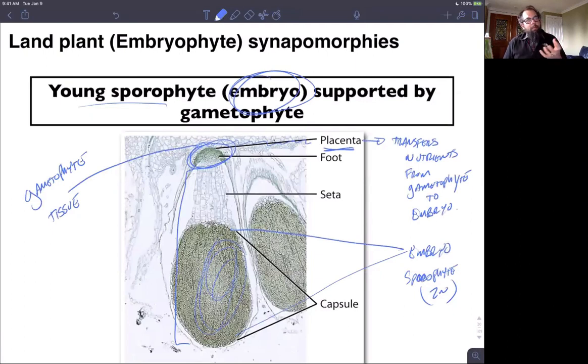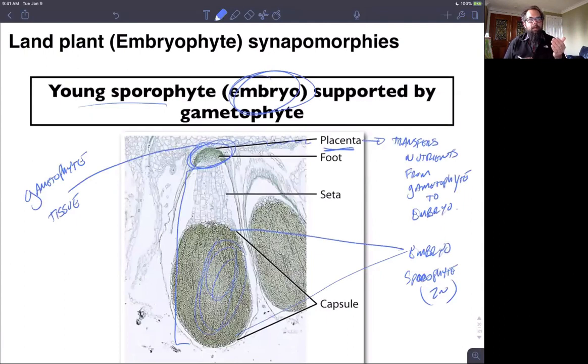This is a synapomorphy for all land plants, where we have the young sporophyte, the embryo, actually retained on the gametophyte and supported by that gametophyte through this placental transfer.